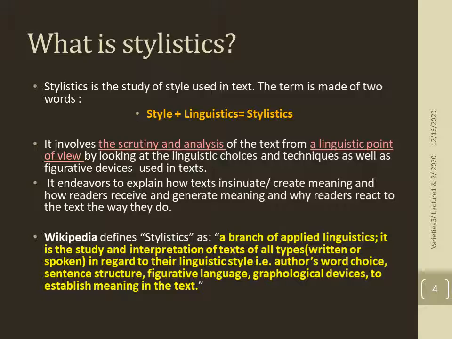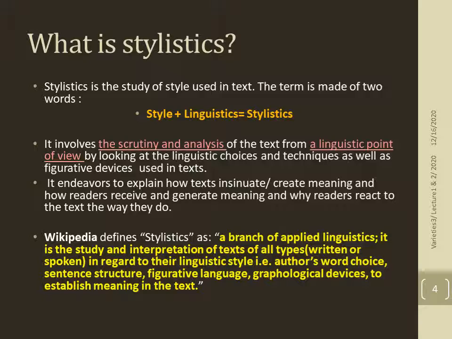Alright, so Wikipedia defines stylistics as a branch of applied linguistics. It is the study and interpretation of texts of all types, written or spoken, in regard to their linguistic style, that is to say, the author's word choice, sentence structure, figurative language, and graphological devices to establish meaning in the text.